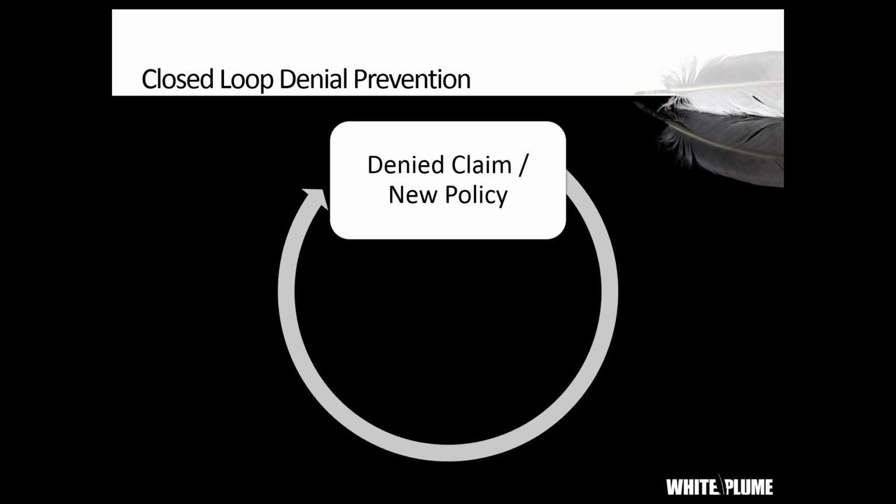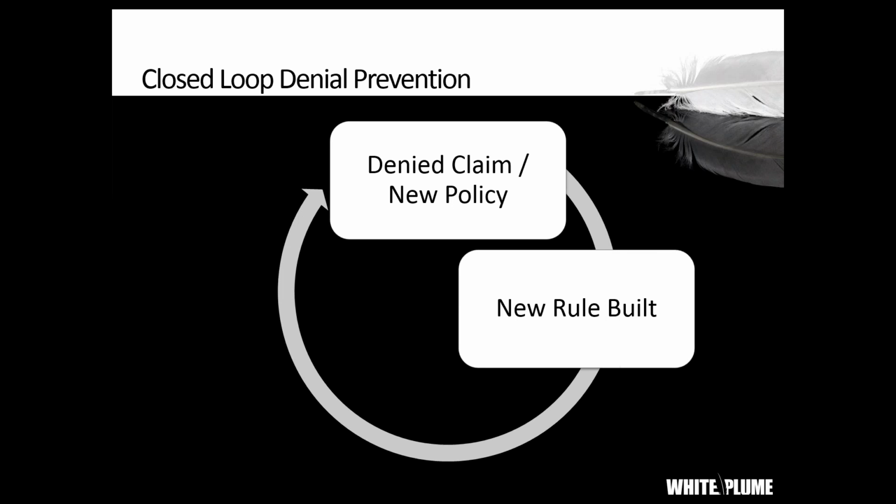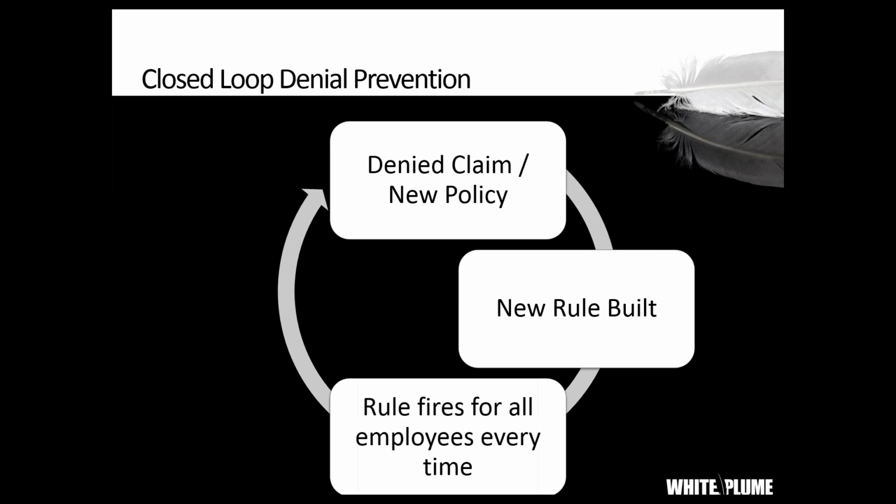When I see a new denial, when I see a new policy come from the payer, I'm going to go back to the beginning. I'm going to figure out what went wrong and how I can make sure that that doesn't happen again. So I'm going to build in a new rule. That way, the next time the exact same scenario occurs, whether it's in 2 hours or 2 weeks or 2 months, that rule is going to fire the exact same way for all of my employees.